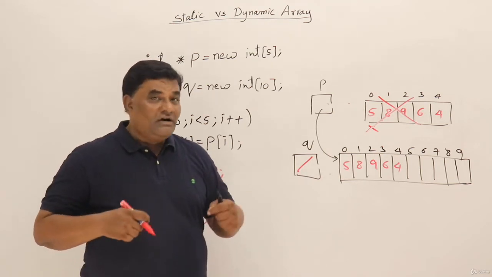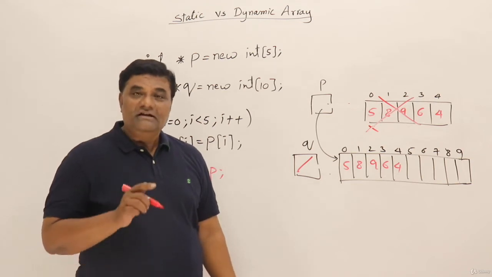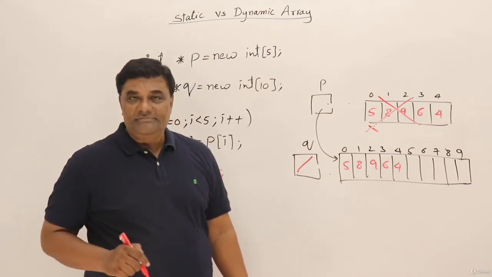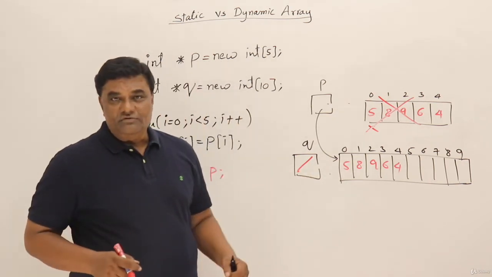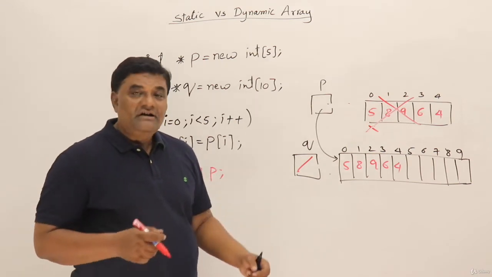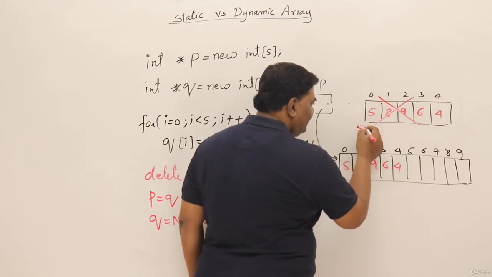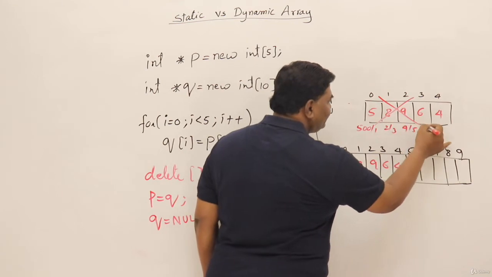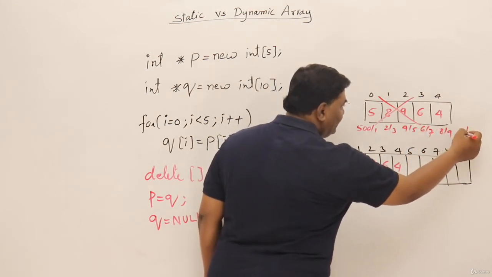So if you are not doing it, if some API is doing it inside programming, then definitely it is following this method because the same size array cannot be grown. Now I'll tell you the reason why the array size cannot be grown, because the memory for the array should be contiguous. For example, the beginning address of this is 500 and 501, then this should be 2, 3, 4, 5, 6, 7, 8, 9, then the next location must be 10, 11.